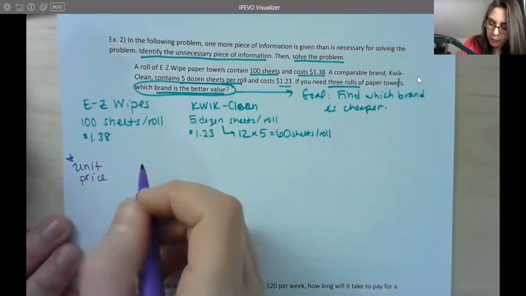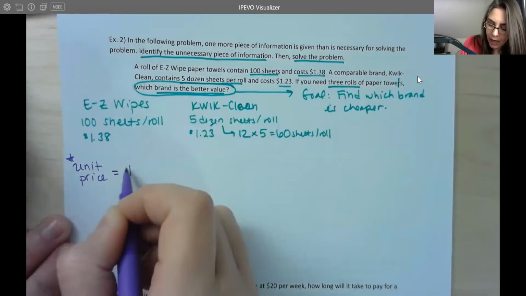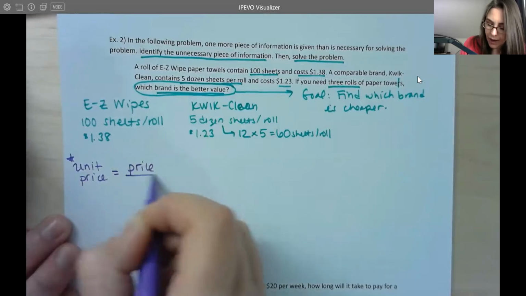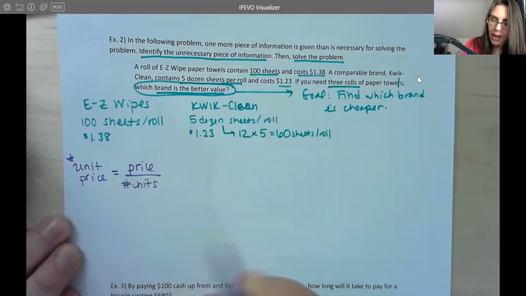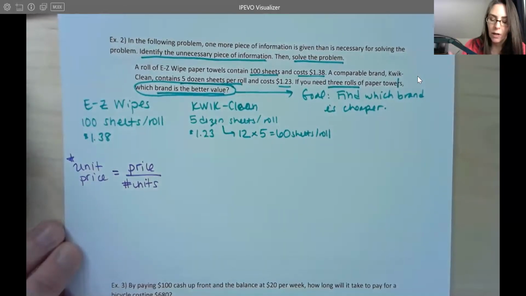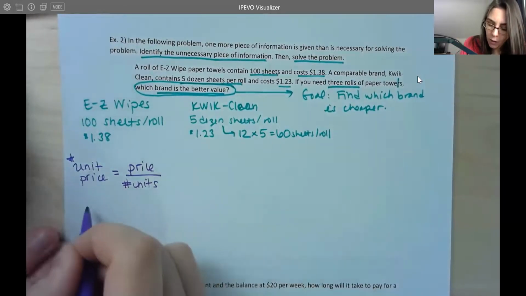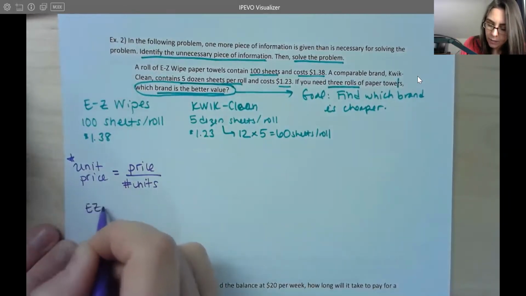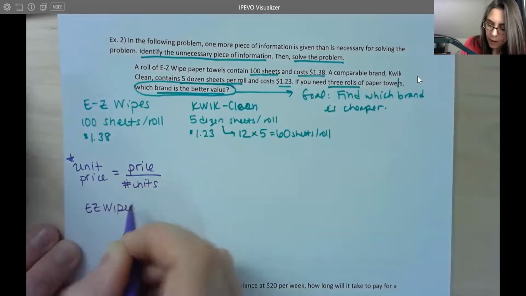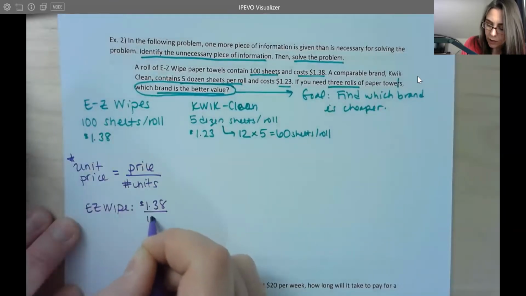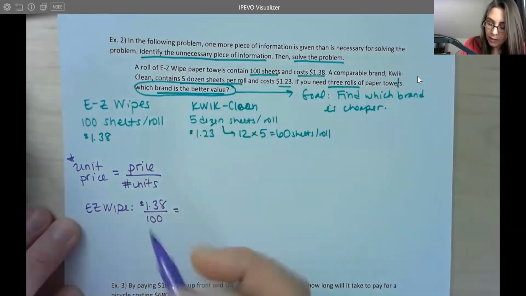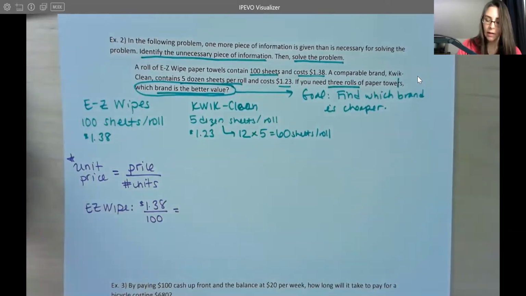So what you're going to do is you set it up like this. You take the price and you divide it by the number of units. And then we're actually going to divide that out. So you're going to go ahead and do the division. So for Easy Wipes, the price is $1.38, and I have 100 sheets. Now, dividing by 100, we can actually do without a calculator.